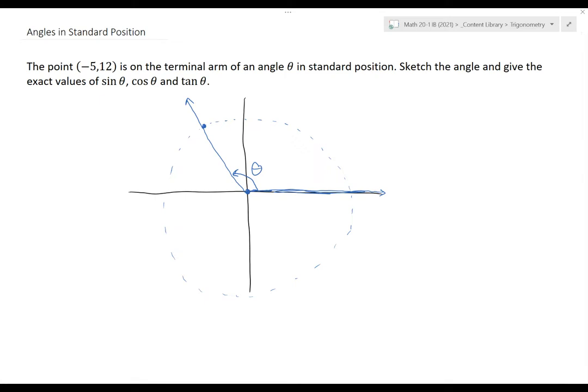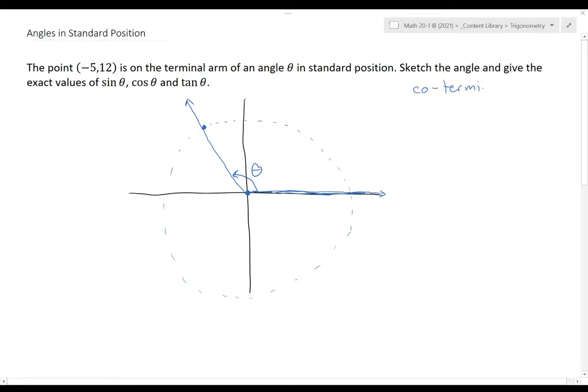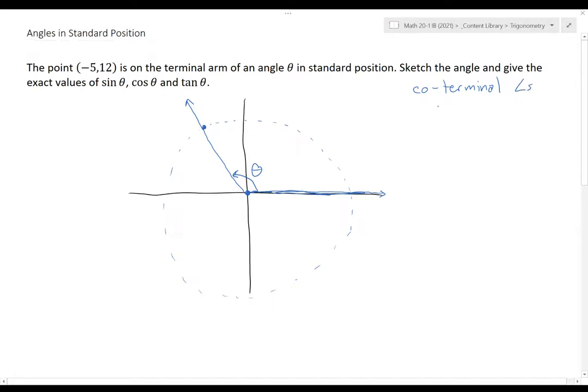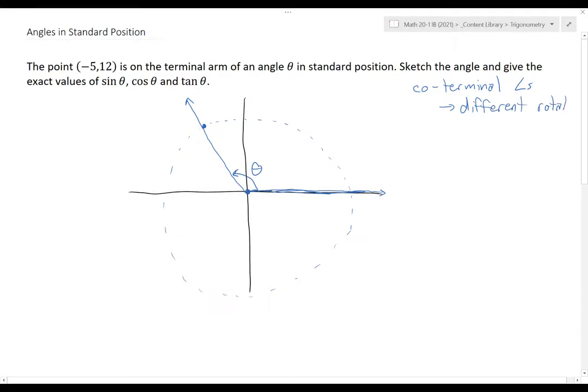So we're asked to give the exact values of sine theta, cos theta, and tan theta. All of those angles that I drew are what are called coterminal angles. Coterminal angles are different rotations that end up in the same spot. So different rotation, same terminal arm.